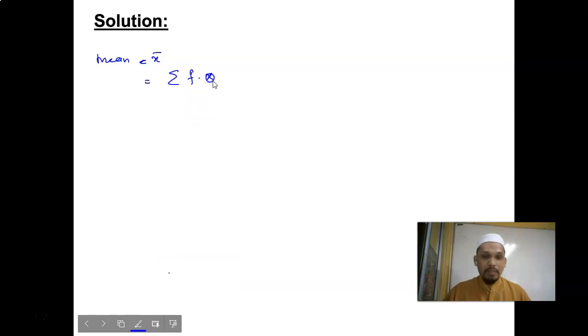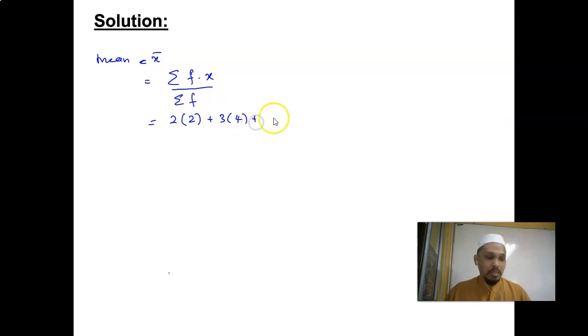Okay, f times x divided by summation of f. From there you can see 2 students getting 2 marks, plus 4 students getting 3 marks, and then 3 students getting 4 marks, and so on.